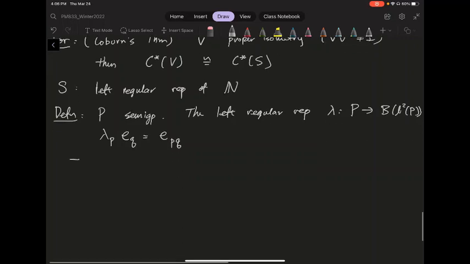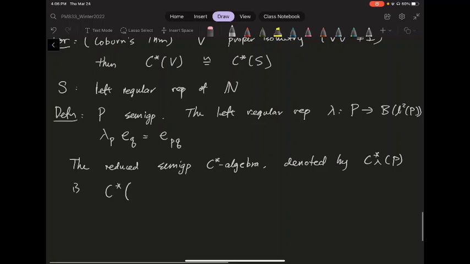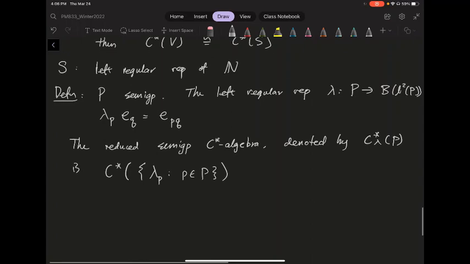And the reduced semigroup C-star algebra, denoted by a similar notation, C-star lambda of P, is essentially just the C-star algebra generated by all these lambda_p, for p inside P. So there's really no ambiguity in how we define the reduced semigroup C-star algebra. You can think about it this way, and it's always sitting inside B of L2 of P.